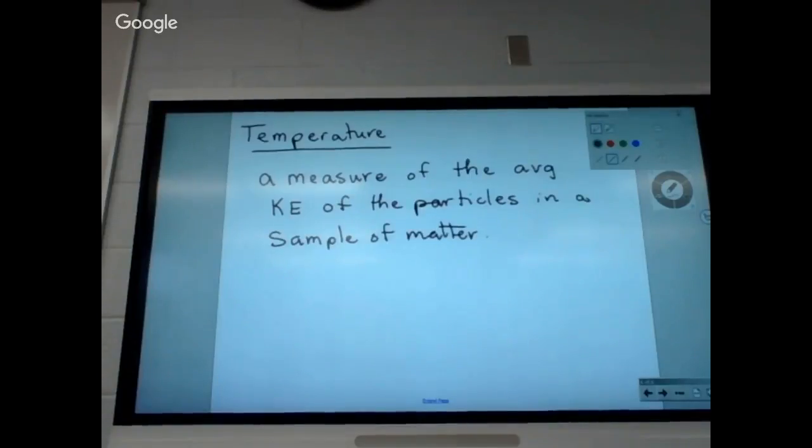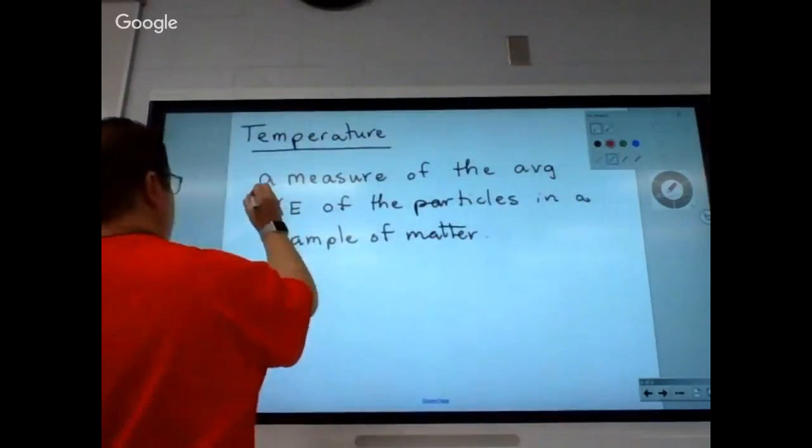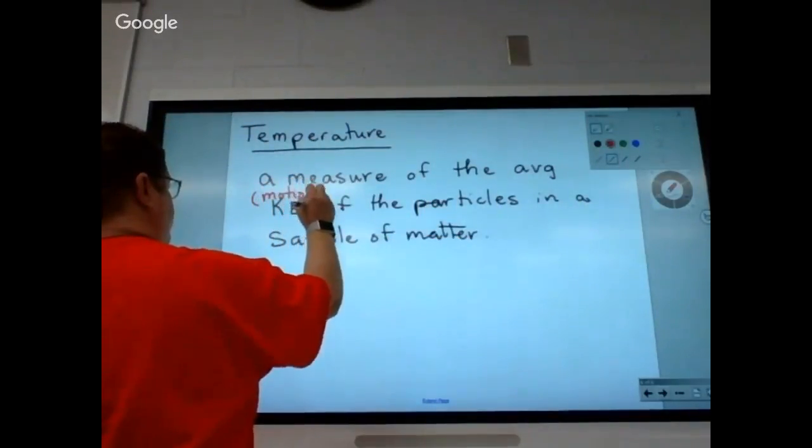Now, most of you probably remember what kinetic energy's main concept is from middle school, even if you don't remember a lot about energy. What's the main concept in kinetic energy? Moving. Okay, it has to be moving. So, kinetic energy is all about motion.